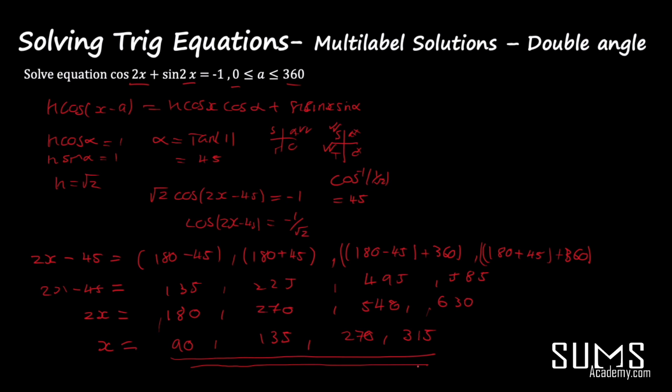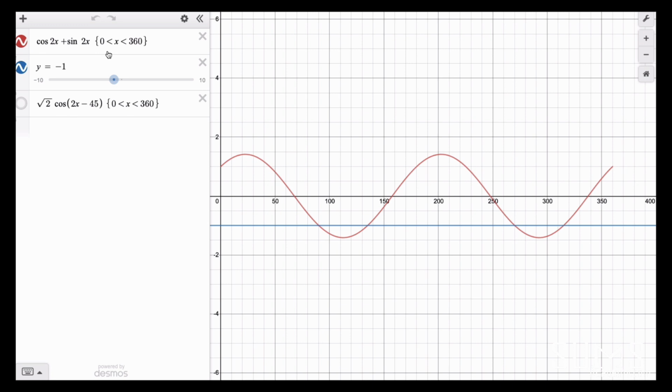So let's see what this would look like on the graph. Again, here's our cos 2x plus sine 2x graph in red. And again, in purple, the same graph in the same form, just proving that these things are equal to each other. So this is between 0 and 360, and this line is at -1.